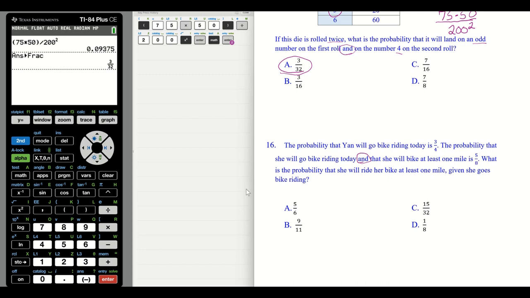The probability that she will go bike riding today and that she will bike at least 1 mile is 5 out of 8. What is the probability that she will ride her bike at least 1 mile given that she goes bike riding?